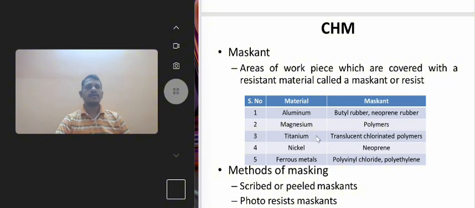For titanium, we should use a maskant material called translucent fluorinated polymers. If we are using nickel, then we should use neoprene. When we are using ferrous metals, then we should use polyvinyl chloride or polyethylene.